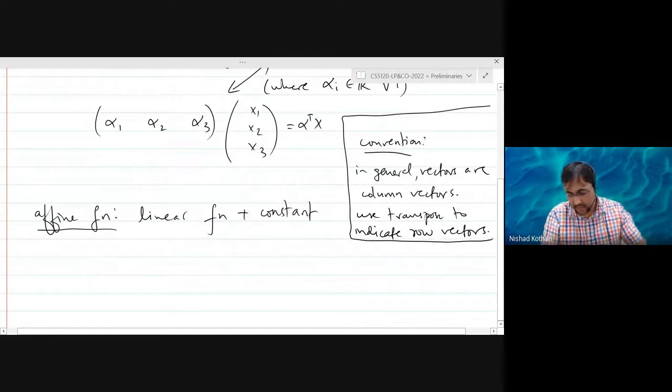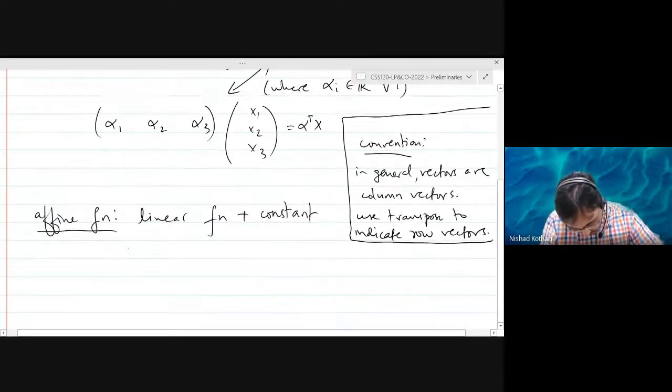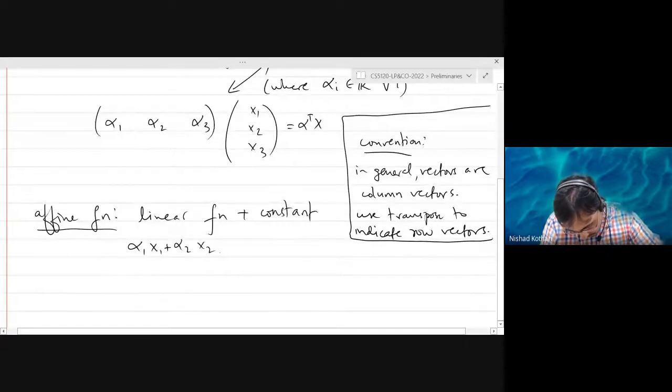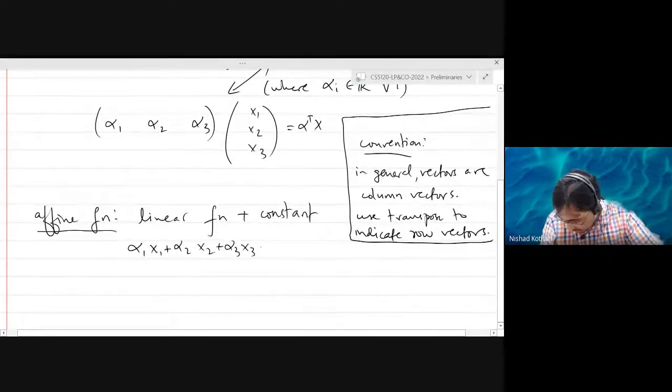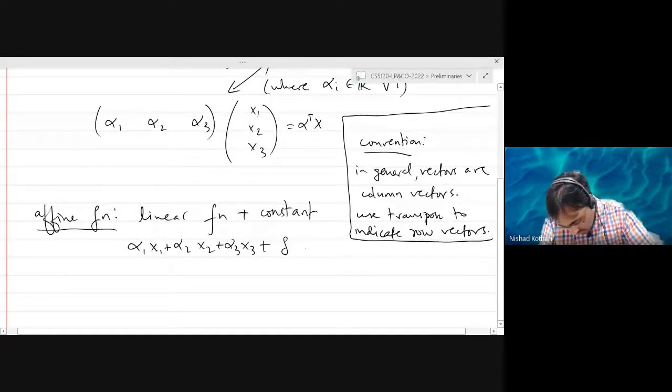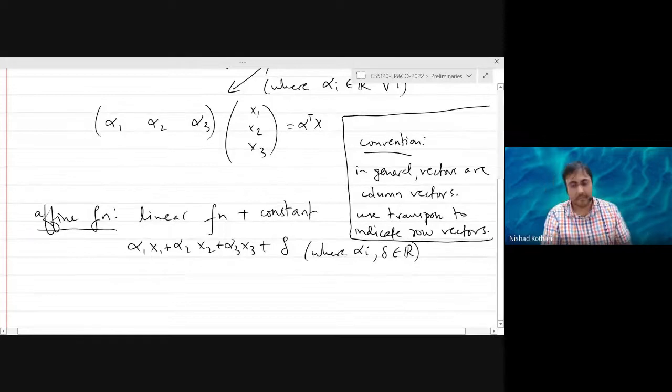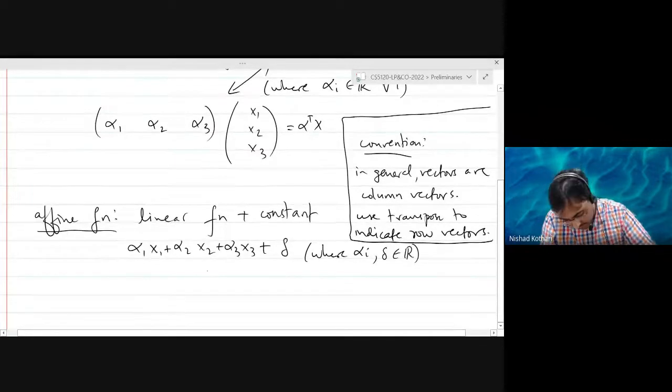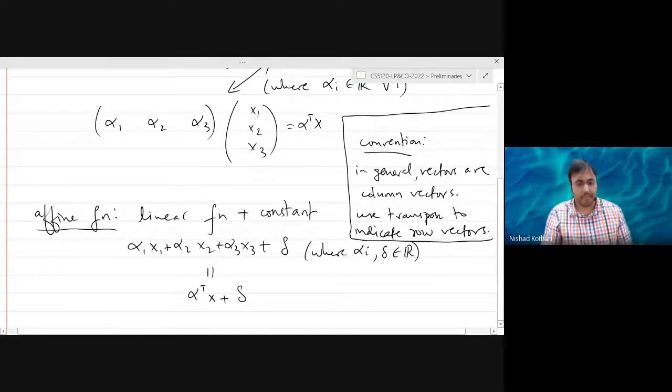For example, it would be alpha 1 x1 plus alpha 2 x2 plus alpha 3 x3 plus some delta, where alpha i's and delta are all real numbers. And we can write this as alpha transpose x plus delta.